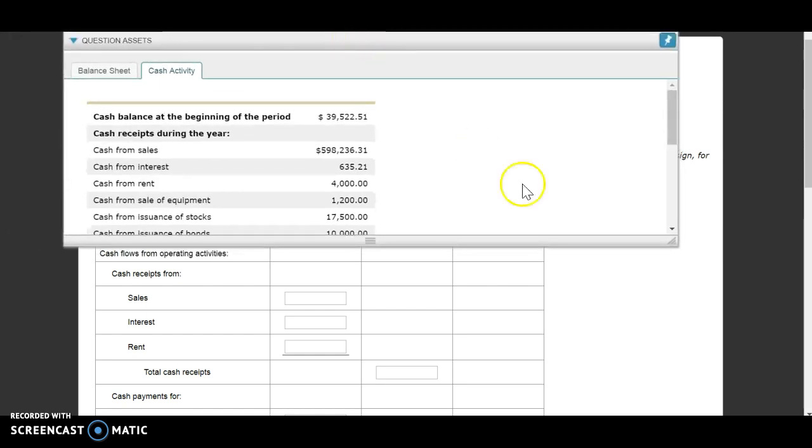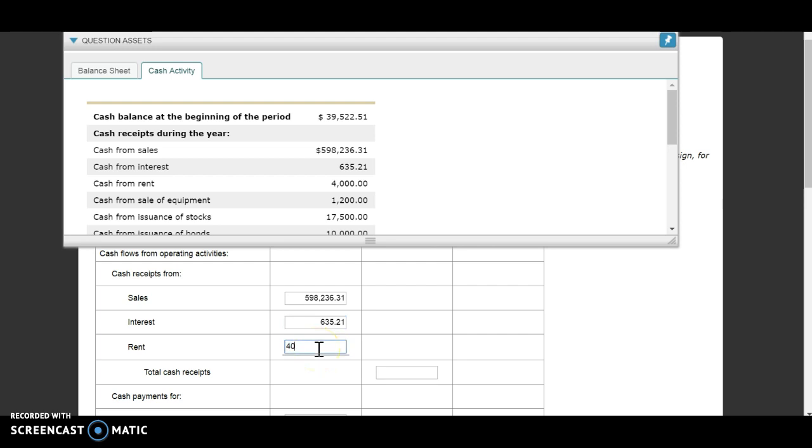Okay, first part is our cash flows for our operating activities, and they first ask us for all of our cash receipts, and we have sales, interest, and rent. So here it gives us our cash receipts under our cash activity tab, and it tells us cash from sales is $598,236.31. From interest, it's $635.21.